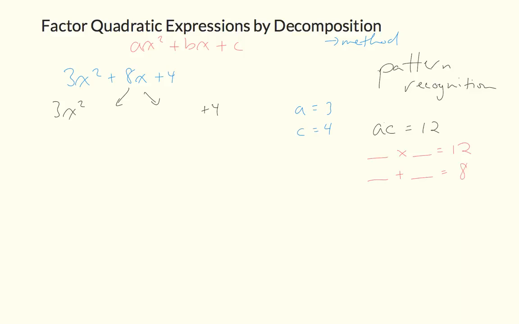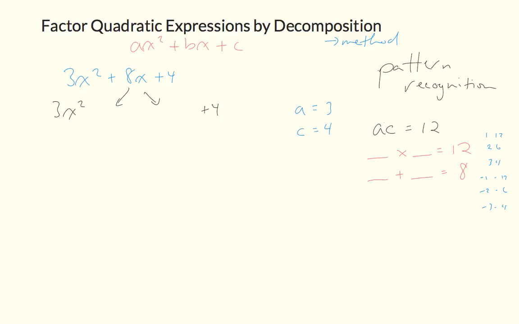Okay, well, since we're looking at things that multiply to 12, we'll just make a little list: 1 and 12, 2 and 6, 3 and 4, right? And of course, I guess it could be -1, -12, -2, -6, -3, and -4. But out of these combinations, how many things also add to 8? Well, 1 and 12 don't add to 8 in any way. 3 and 4 don't, but 2 and 6 do.